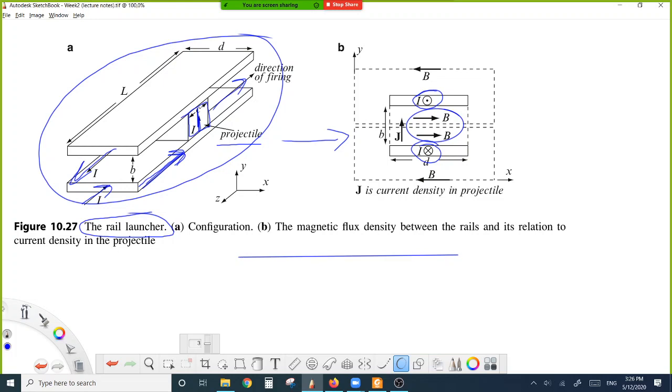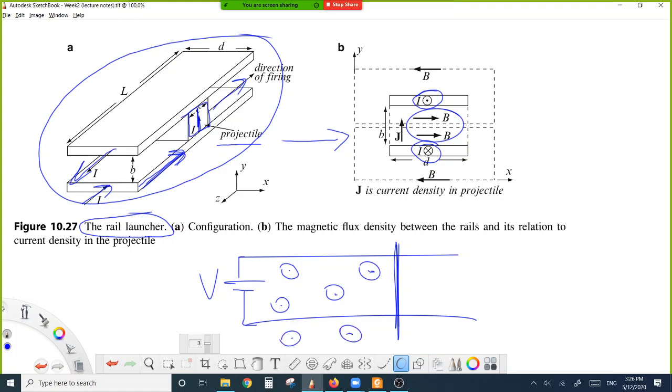If you remember, we had two rails with some resistances, and one bar which is free to move in the rails, and the ends of the rails are connected to the voltage source V, and this is situated in some magnetic field with flux density of B. When current starts to move, some force will act on this bar, and this bar starts to move.